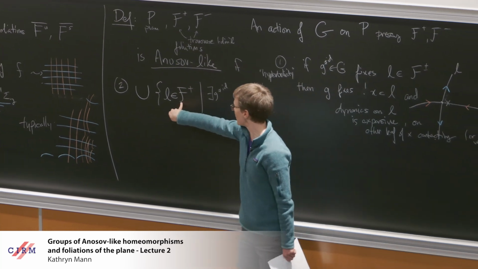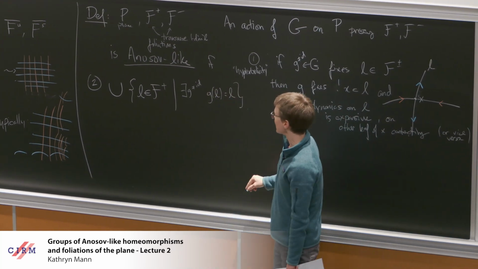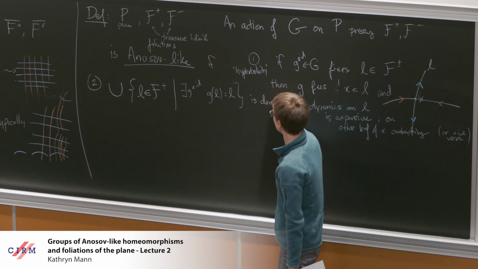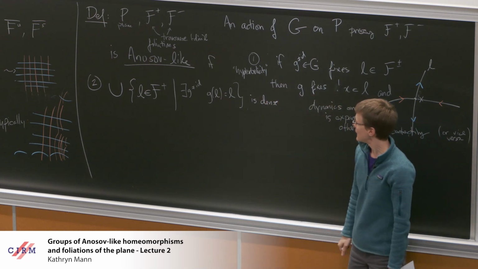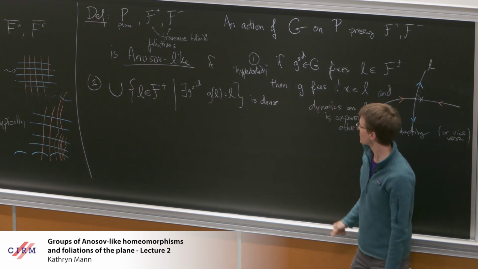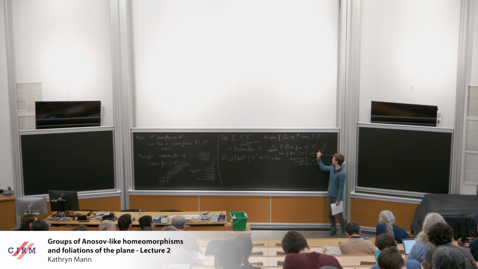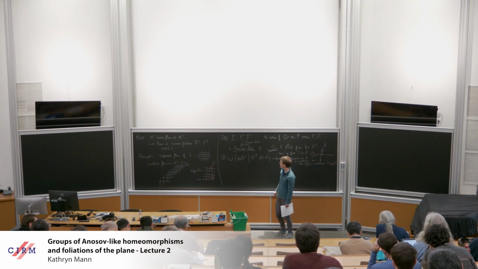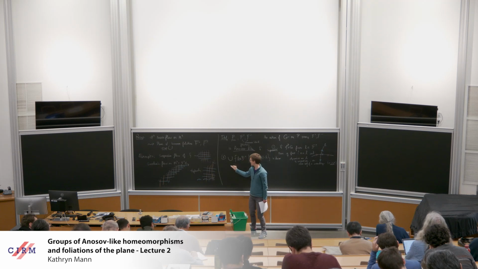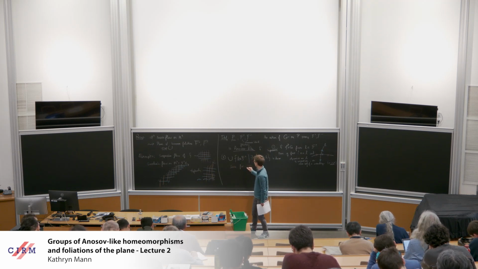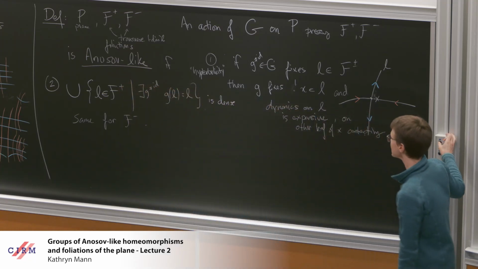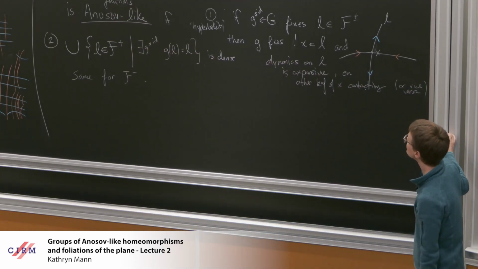Okay, so I take the union of all of these leaves. That's a dense subset of the plane. And the same thing, so a dense set of the plane lies on leaves that are fixed by some element. And the same thing should be true if I replace F plus with F minus. Same for the other foliation.